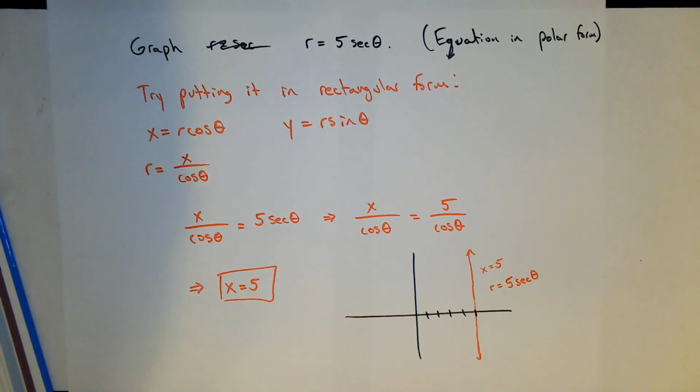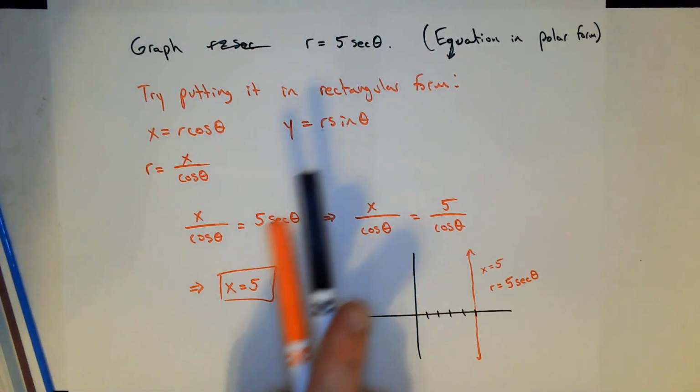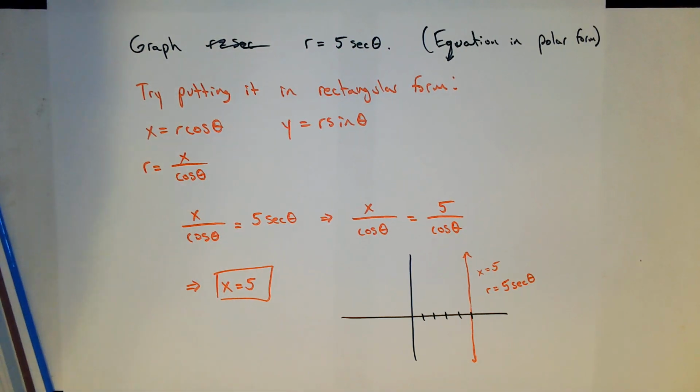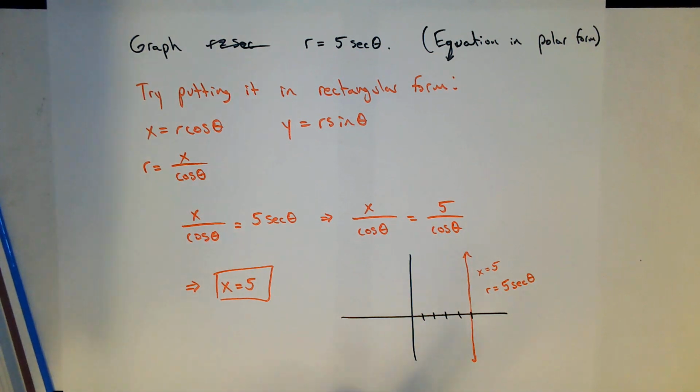So this is a technique that you'll find useful in calculus. Either taking something that looks awful, or at least not recognizable, in polar form, converting it to rectangular form for the purpose of graphing, or maybe integrating it, or vice versa, taking something that looks really weird in rectangular form and graphing it in polar form, again for the purpose of integrating it, or graphing it.